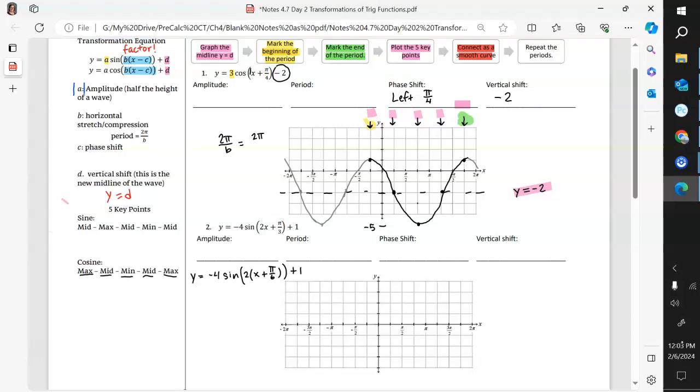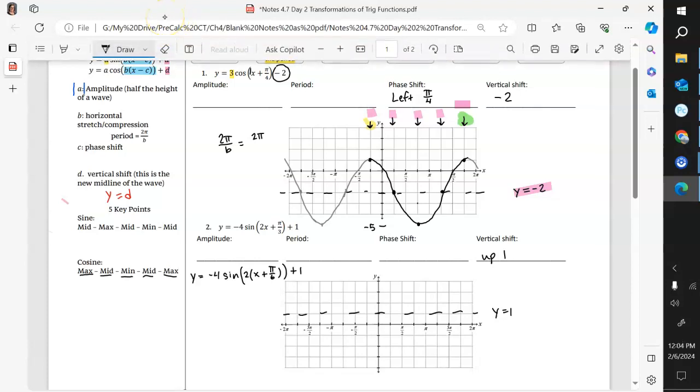Now that I've factored that quantity, I can figure out all of my numbers. I like to start with the midline, so my midline is going to be based on my vertical shift, so it's going to be up 1, and so my midline would be at y equals 1. And then the beginning of my period is going to be at -pi over 6, which I'm estimating where that would be.